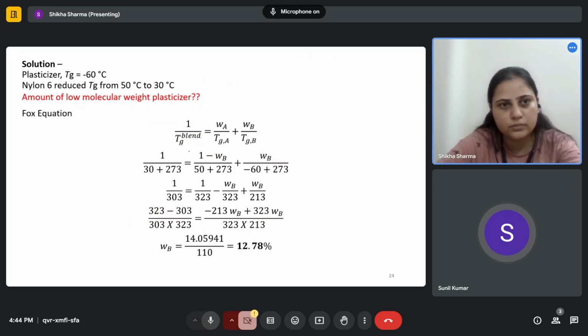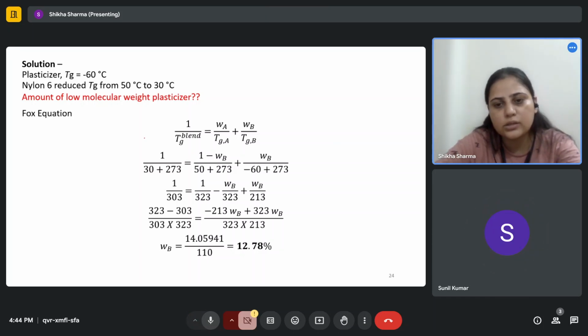So we are getting it as 12.78%. Let's see how we are solving.